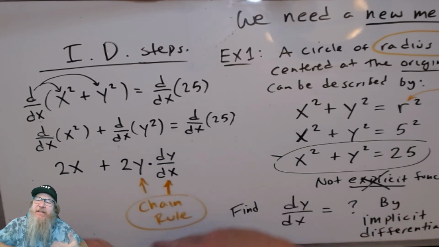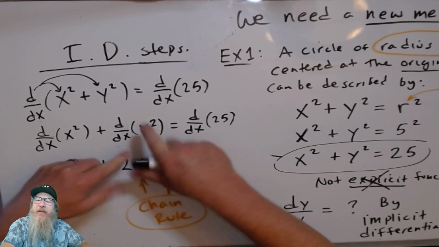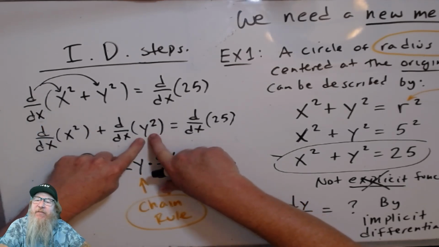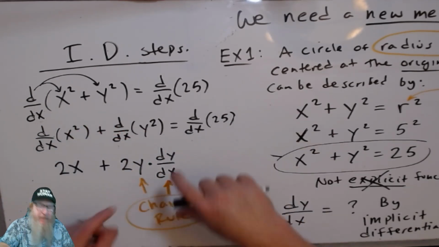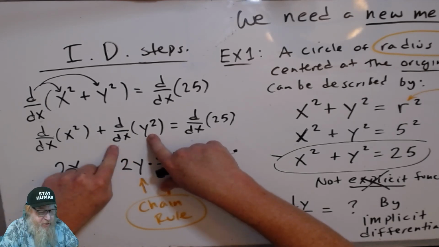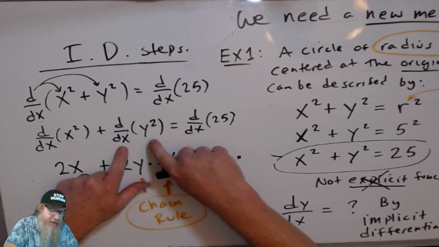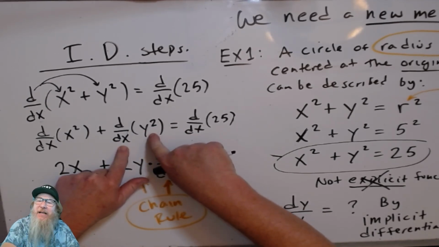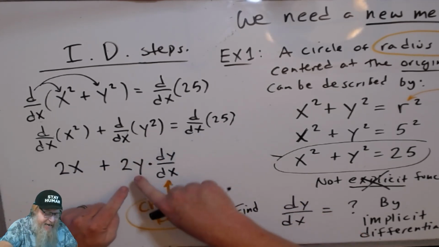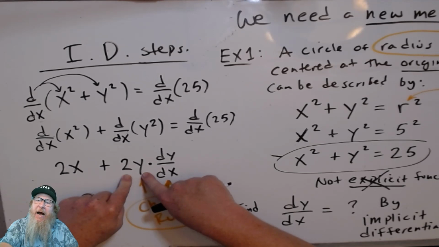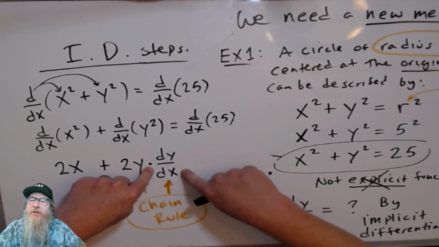But in the spirit of the chain rule, if you take the derivative of a composition, you can just think of y as replacing x. It's another variable. You're taking the derivative with respect to x, but this is not a function of x. It's a function of y. So we take the derivative, 2y, and then you multiply by the derivative of y with respect to x.